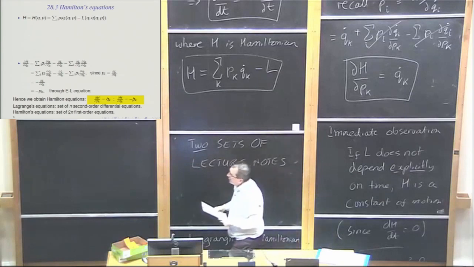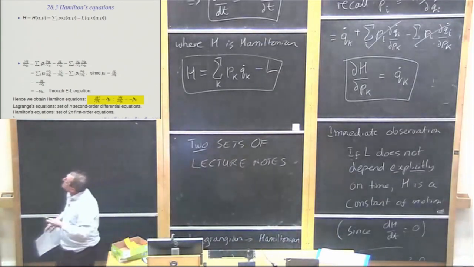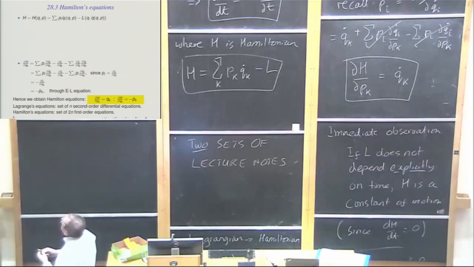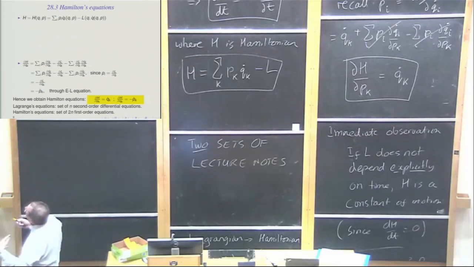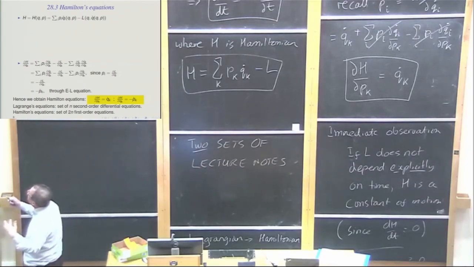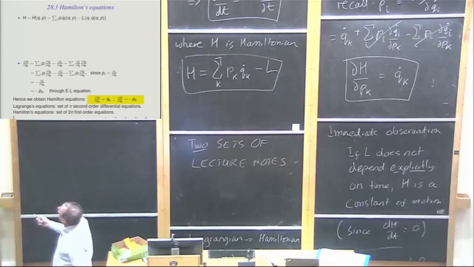So what have we got here? Remember, with the Lagrangian, we had the Euler-Lagrange equations, and those are second-order differential equations. And if we had n generalized coordinates, we had n Euler-Lagrange equations.